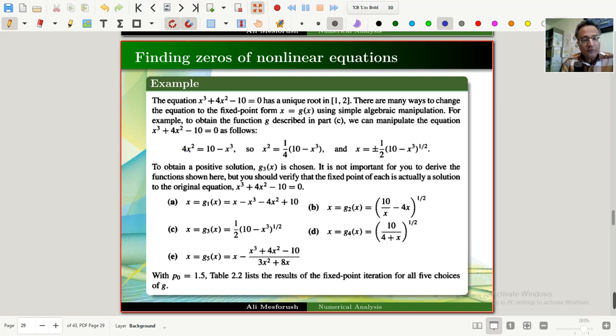So we get 4x squared equals 10 minus x cubed, and if we compute x squared, it will be 1 over 4 times 10 minus x cubed, and if we take the square root, we get x equals plus or minus 1/2 times (10 minus x cubed) to the power of 1/2. Okay, also we can find several different forms of x equals g of x.